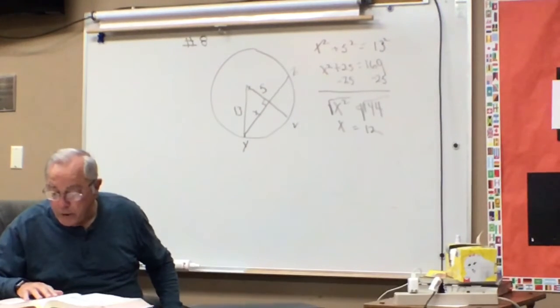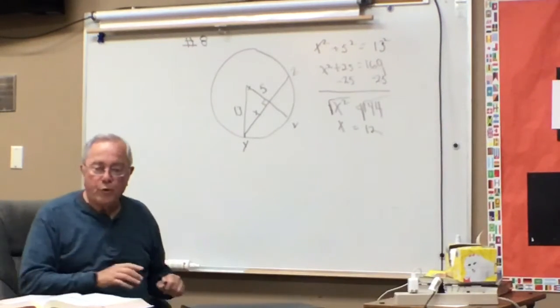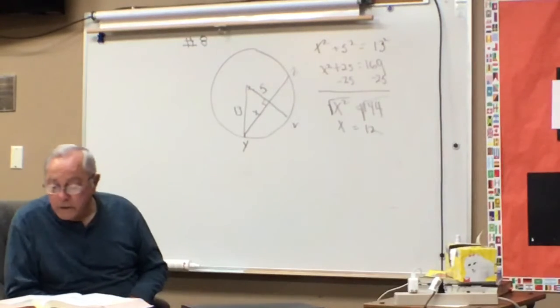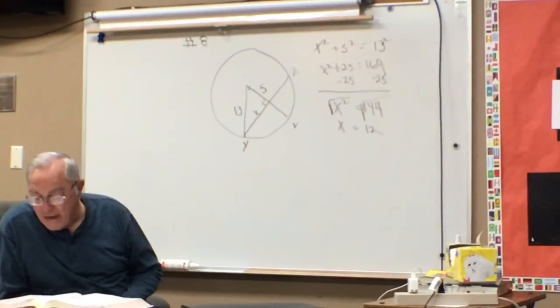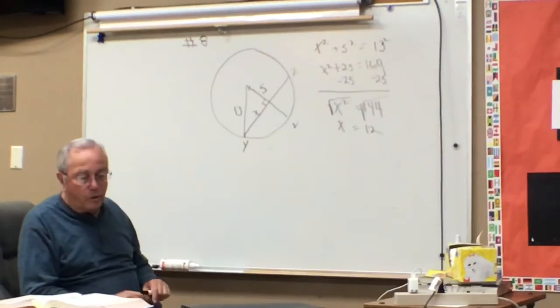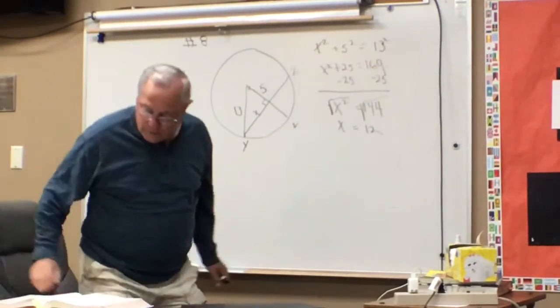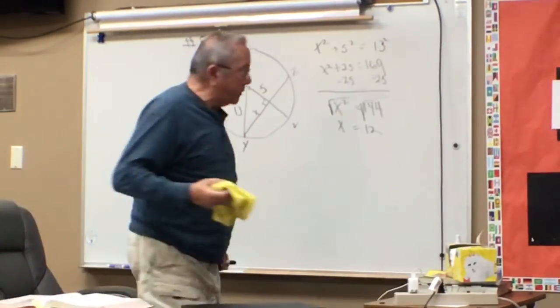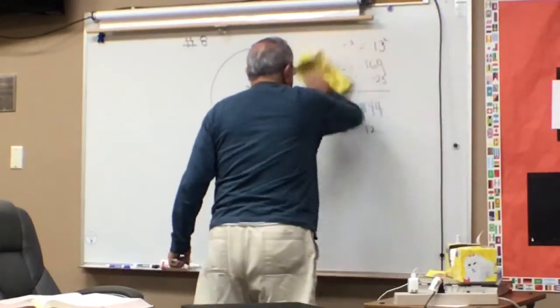All right, let's do number 9. It says, prove that, it says verify that AB is tangent to C. All right, is AB tangent to C? If it's tangent, correct, it should form a right triangle. So again, we're going to use the Pythagorean theorem again, aren't we?